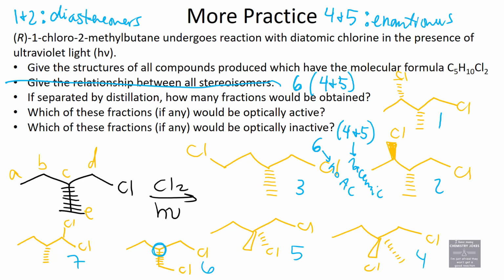I drew it like this is an asymmetric carbon. It's not. CH2Cl, CH2Cl, those branches are identical. Fraction number 6, compound number 6, not optically active. But everybody else, 1, 2, 3, and 7, should be optically active because they don't have any enantiomers. They do have an asymmetric carbon.